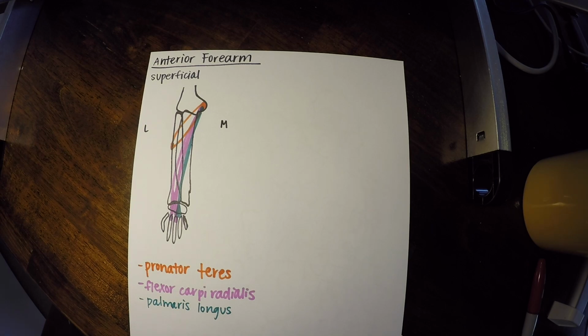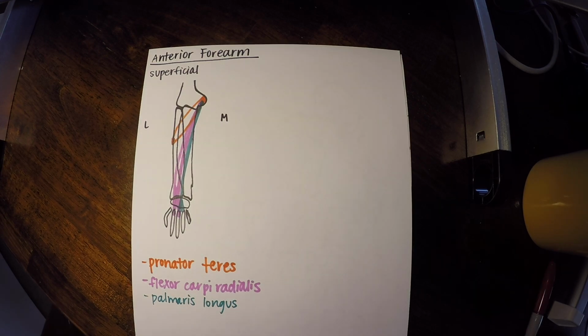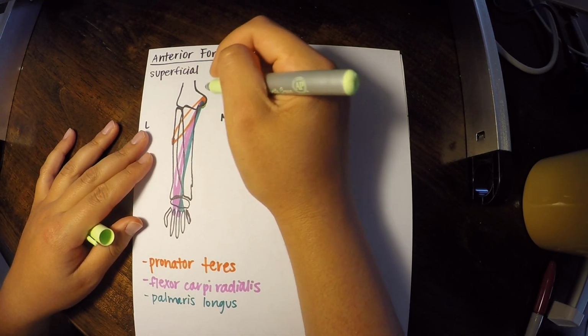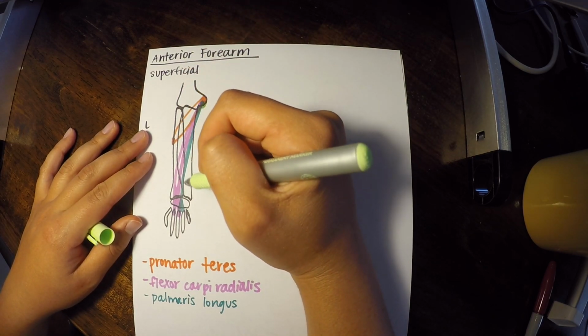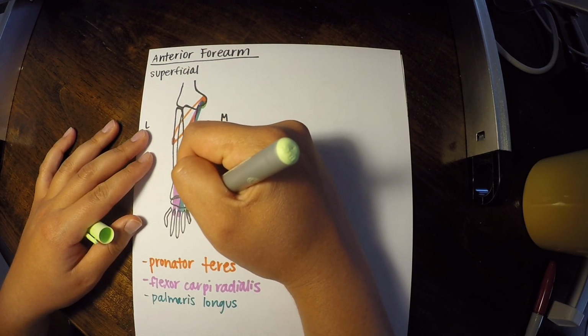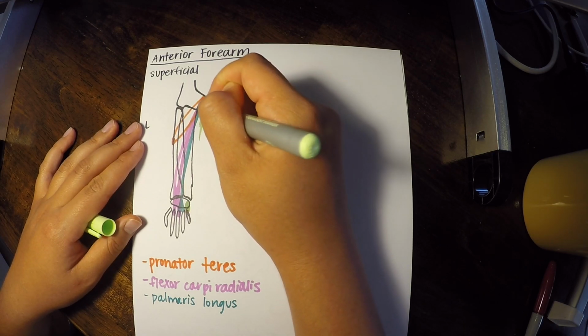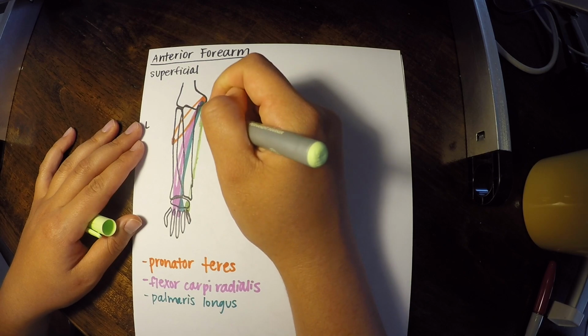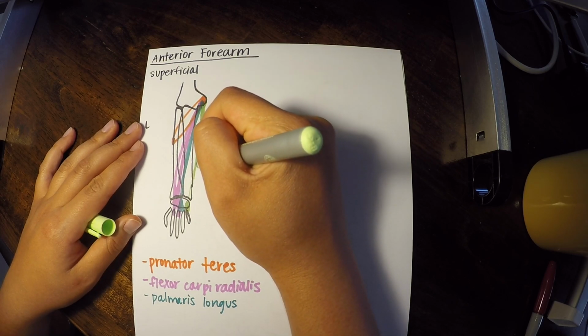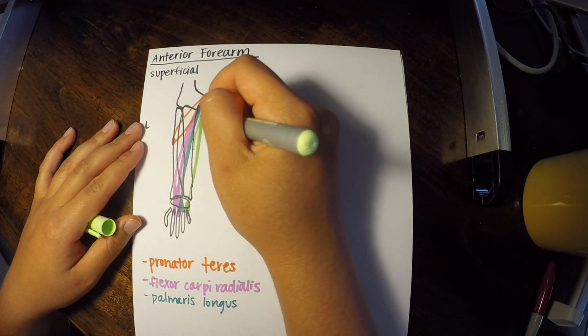Now, our last more superficial forearm muscle is our Flexor Carpi Ulnaris. And Flexor Carpi Ulnaris will come from the same spot, that medial epicondyle, and it's actually going to come right around here to those carpals, those medial carpals and the fifth digit. So we'll make this a little bit thicker.